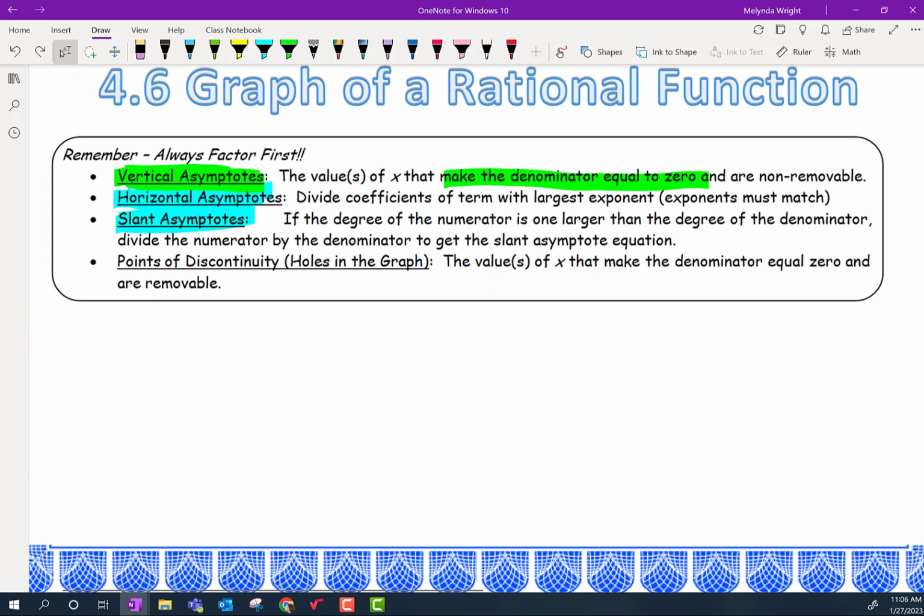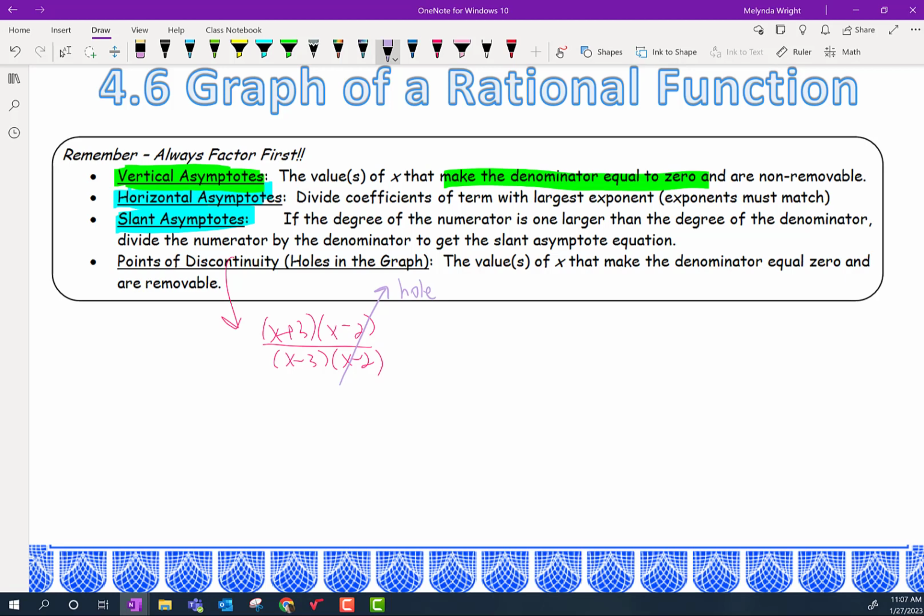We also learned last time about points of discontinuity, or holes in the graph. As a reminder, for example, say we had x plus 3 over x minus 3, and we factored our rational function and got this. We can see that the common factors would cancel out, and that would leave a hole.